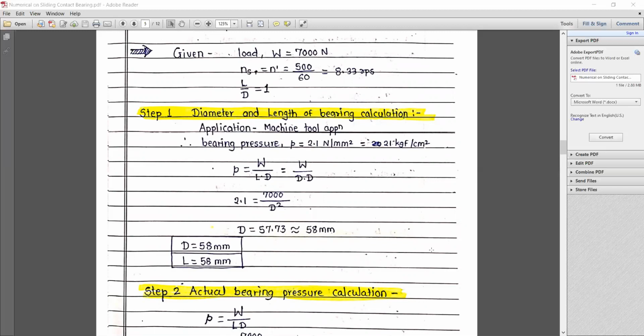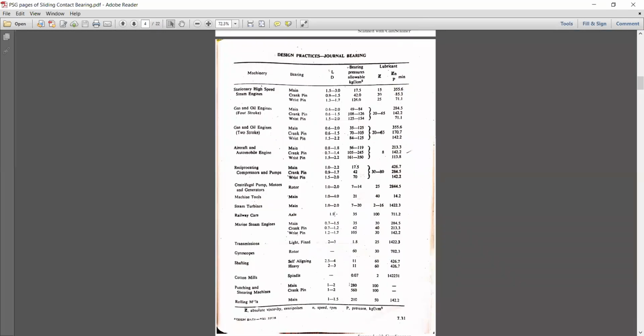We have a machine tool application. Based on this, we first need to find out the bearing pressure. As we know, we are referring to PSG page number 7.31. Based on the application, we always find the bearing pressure if it is not given.